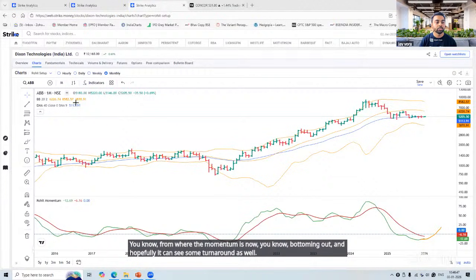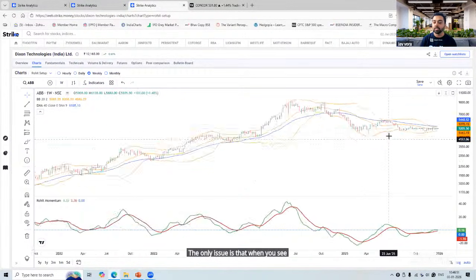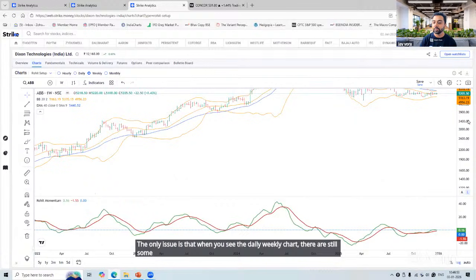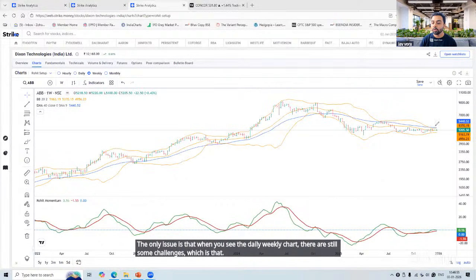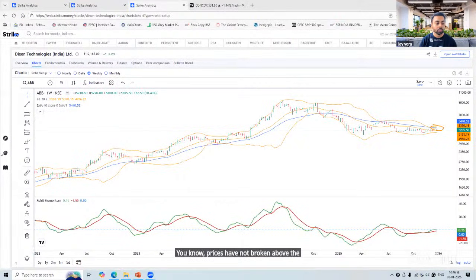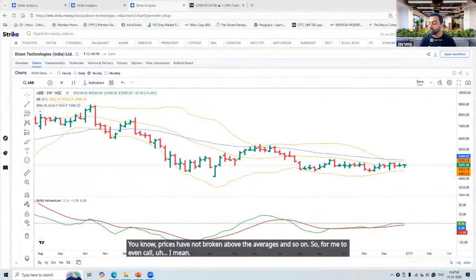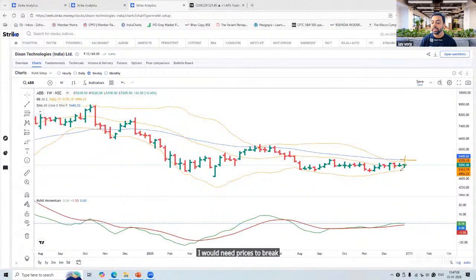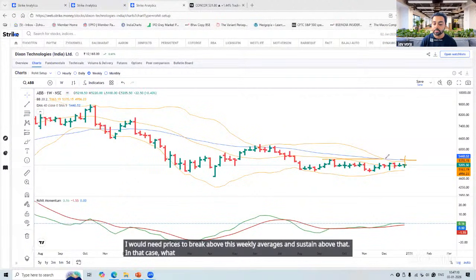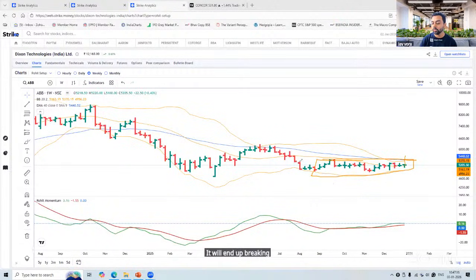The only issue is that when you see the daily and weekly chart, there are still some challenges, which is that prices have not broken above the averages. So for me to be more confident on reversal, I would need prices to break above the weekly averages and sustain above that. In that case it will break this consolidation zone on the upside, and that will be a good sign.